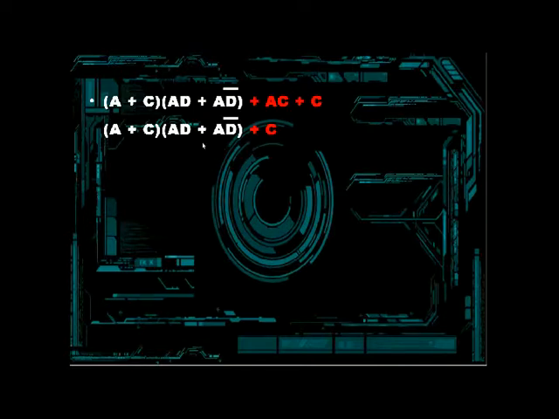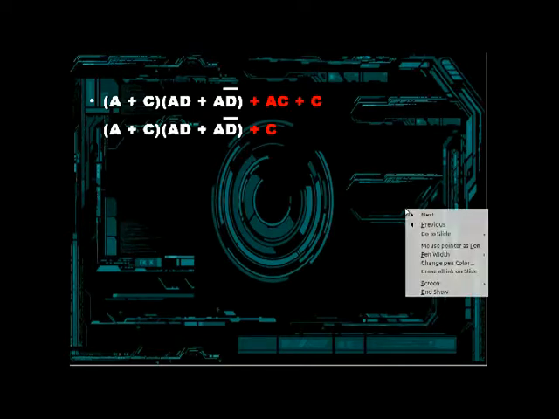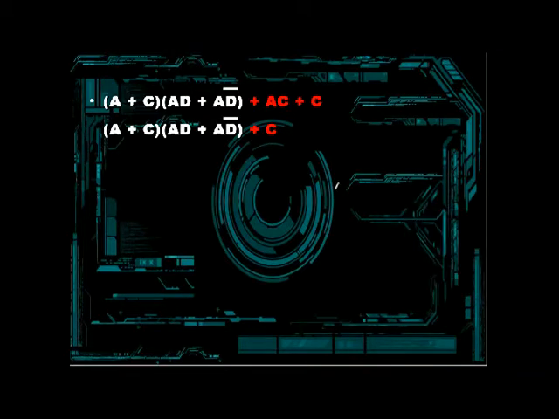Now what can I do here? Can I take the A common between the D's? I can't take D's because I have D complement, but I can take the A. I can take this as a common, and I'll have D or D naught, plus this plus C, plus D or D naught.